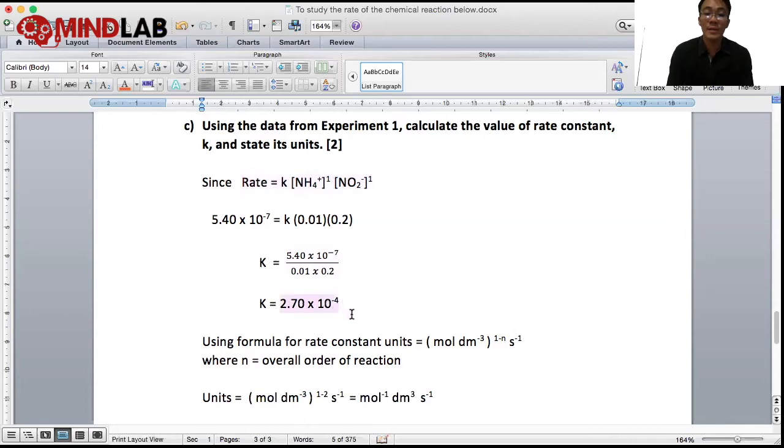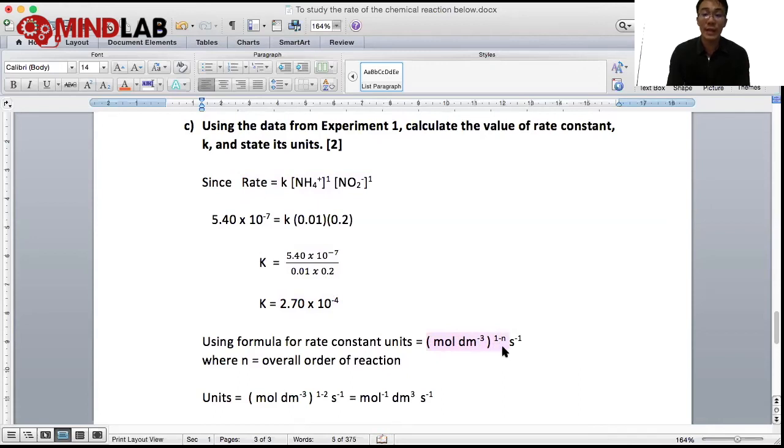Now to find out its units, we adopt this formula, which is bracket mole to the power of 1, dm to the power of negative 3, close bracket, to the power of 1 minus n.